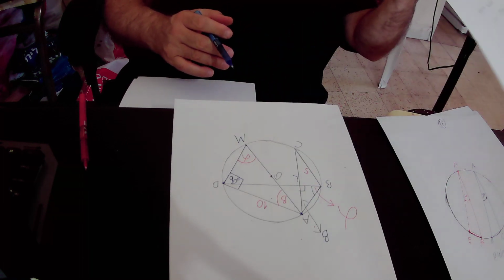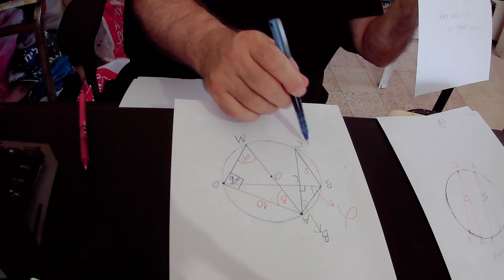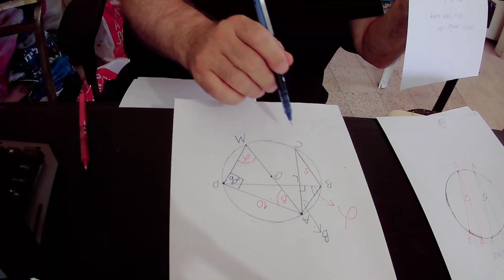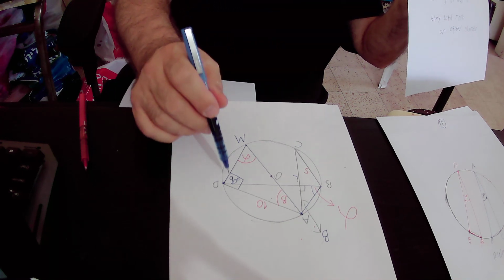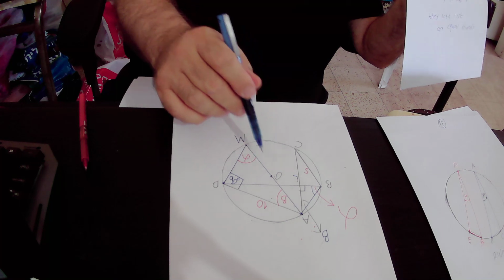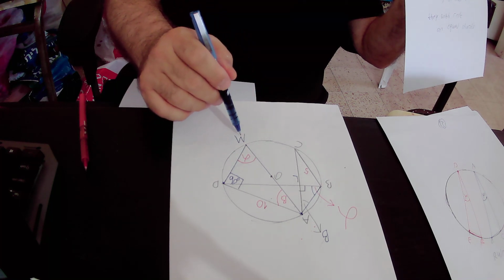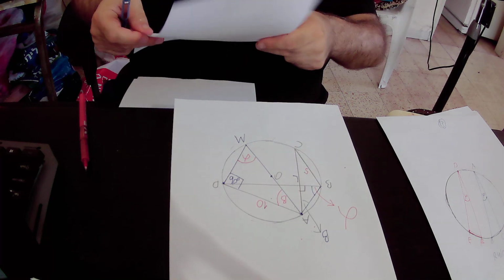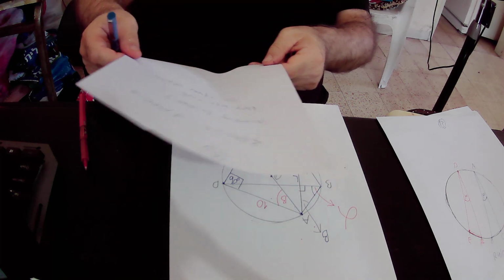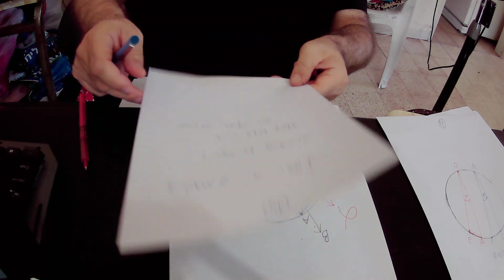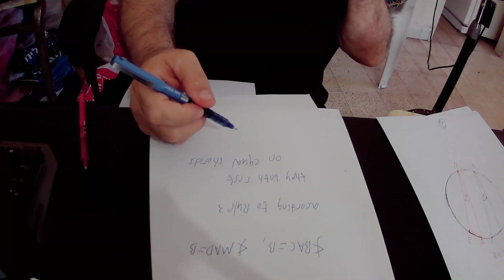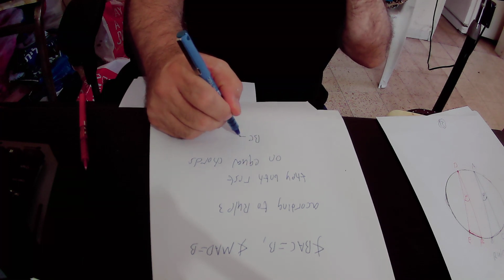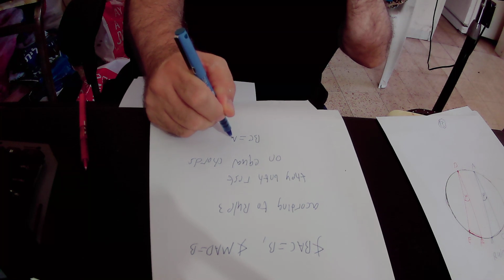That is to say, BC, and this angle beta rests on chord BC, equals MD, because this angle beta rests on chord MD. So we can deduce from rule number 3 that chord BC equals chord MD.